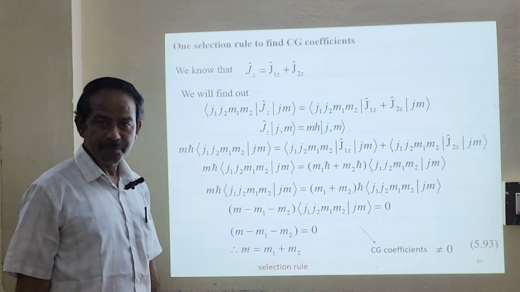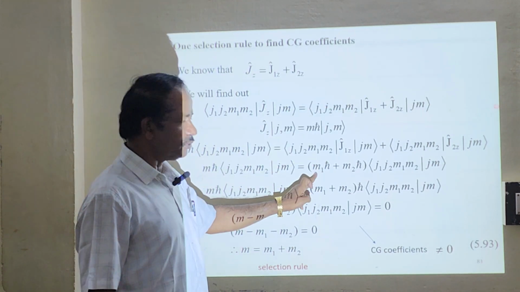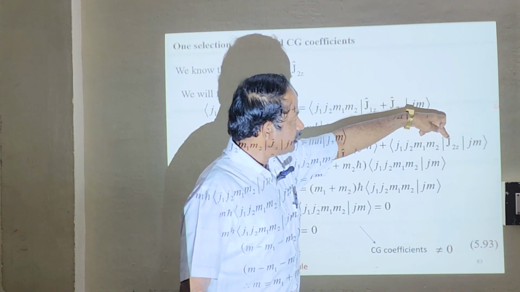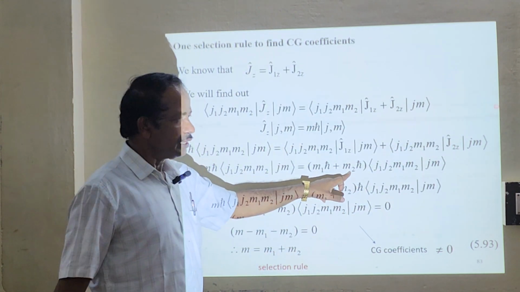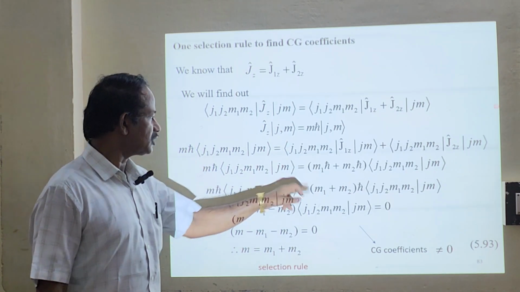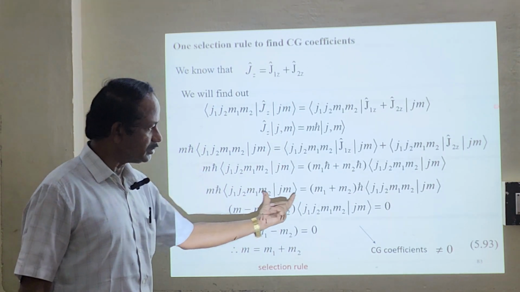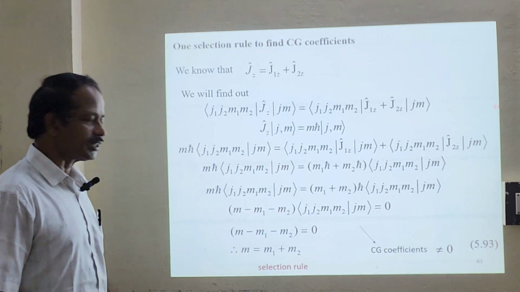Very simple. H bar will cancel, and your M H bar is equal to M1 plus M2 times H bar.